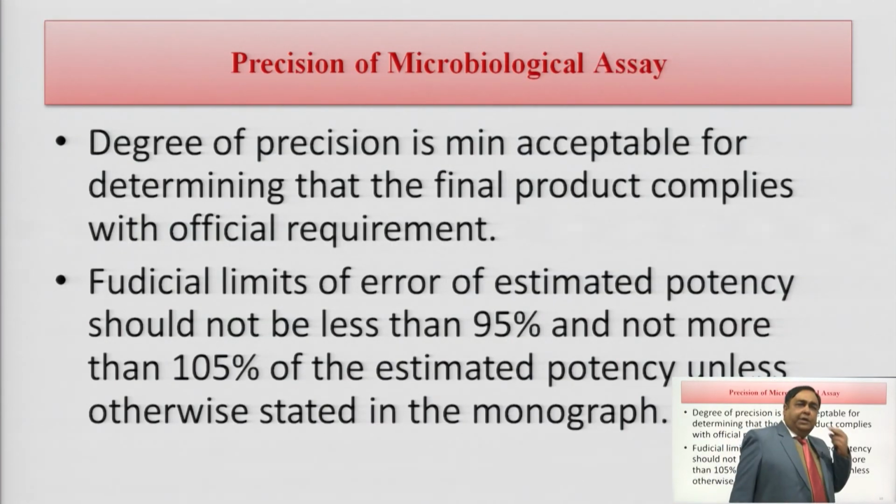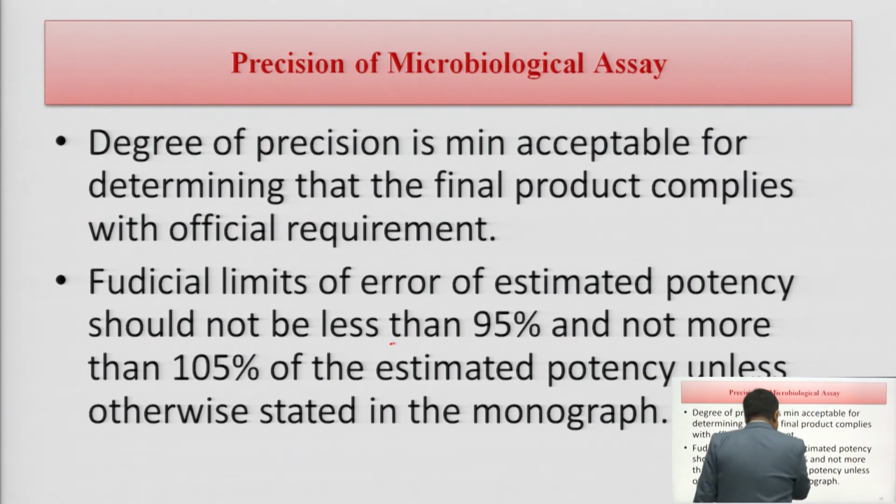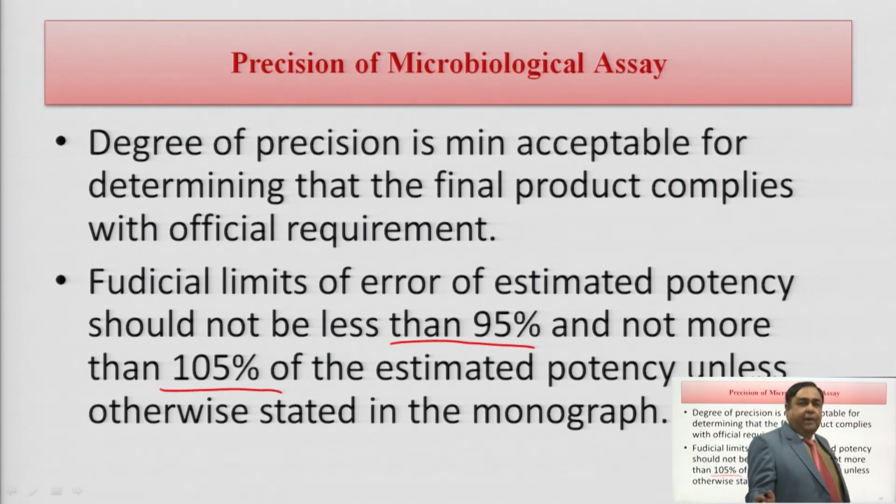Now, whenever we are determining, it officially says the value should lie between 95% and 105%. So, the degree of precision is the minimum acceptable for determining that the final product complies with the official requirement.